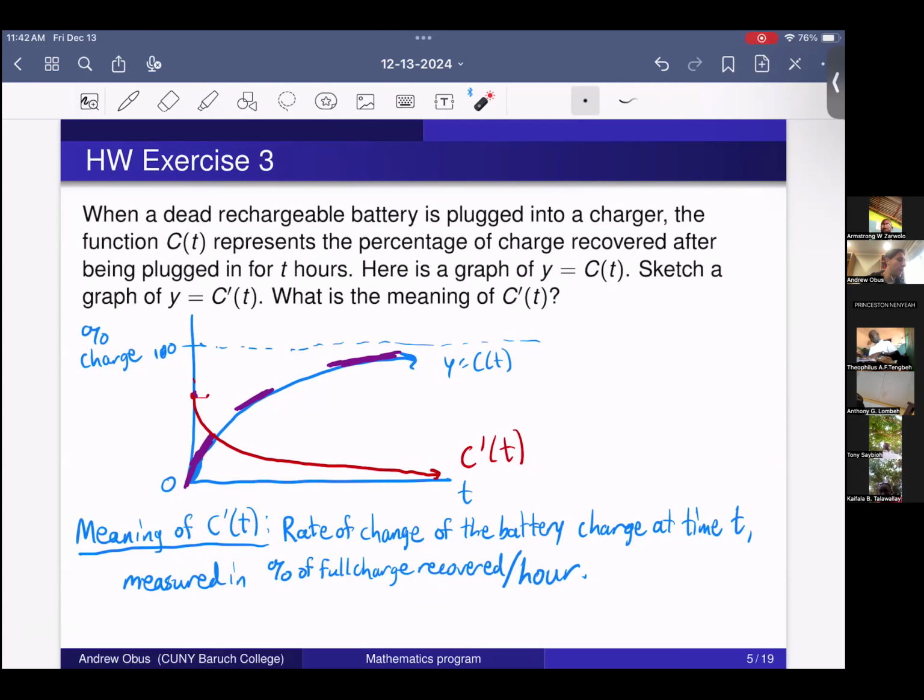It's how much your y-axis value, in this case percentage of the charge, is changing per unit of time on the t-axis. So in this case, it's the percentage of the full charge recovered per hour. That starts out really fast, but it rapidly gets slower as the battery charges fully. And by the end, you're recovering very small percentages of the full charge per hour. Okay, any questions on this?